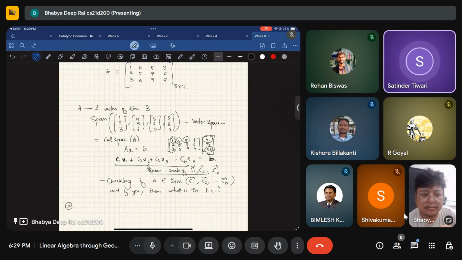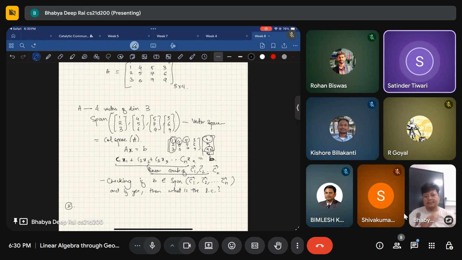Excuse me, sir. In the example we have taken just now, column-wise I have 1, 2, 3, 4, 5, 6, 5, 7, 9, 3, 6, 9. If I convert it into row echelon form, the last row I get is 0.